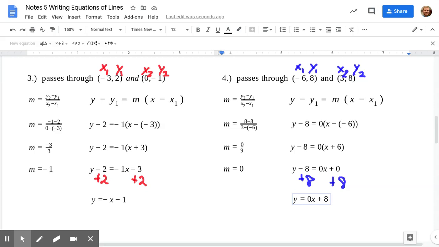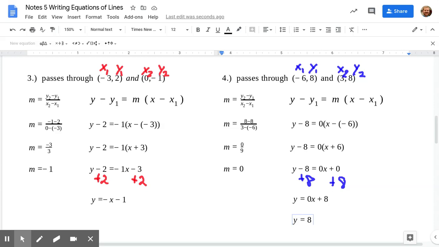We could simplify that though. 0x means 0 times x, and we know that 0 times anything should result in 0. So in other words, this term here is not needed. So let's go ahead and write this equation without the 0x. And so we'll have y equals, it's a plus 8, which means positive 8, and we can just put an 8 there, and it's understood to be positive.